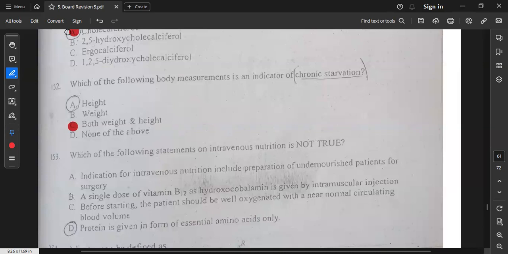Both weight and height, because the main measurement is the BMI, which is measured by both. Okay. Thanks.